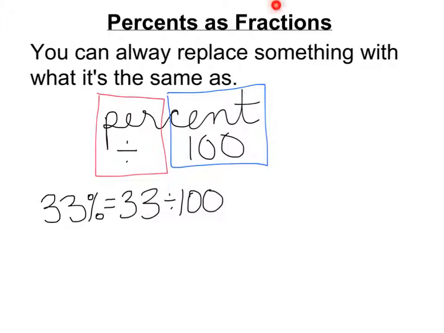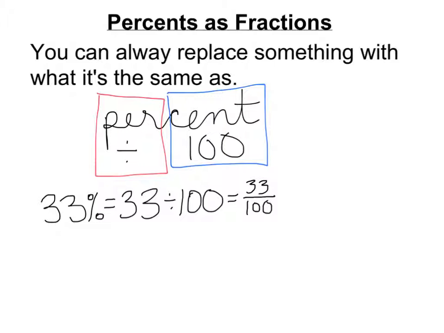Now, since I want to rewrite this percent as a fraction, I'm going to take my division problem and write it as a fraction. So the first number, the dividend, goes on top and becomes my numerator, and the second number, the divisor, goes on bottom and becomes my denominator.